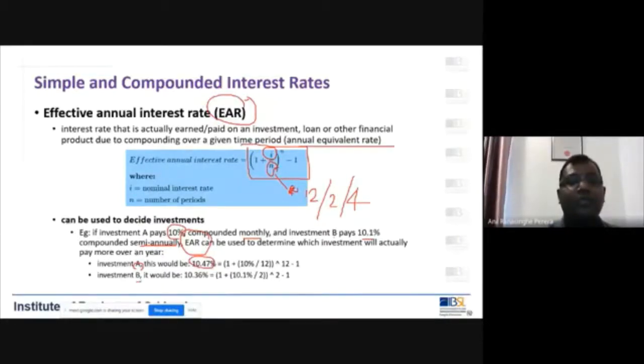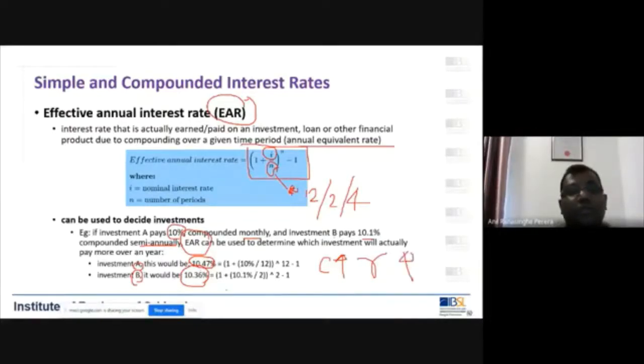Similarly, for investment B, the rate is 10.1%, but compounded 2 times, which means half a year. So again, divided by 2 to indicate the time period, power 2, minus 1. If you solve it, you get 10.36%. So the message here is, as long as you compound more, your return is higher.